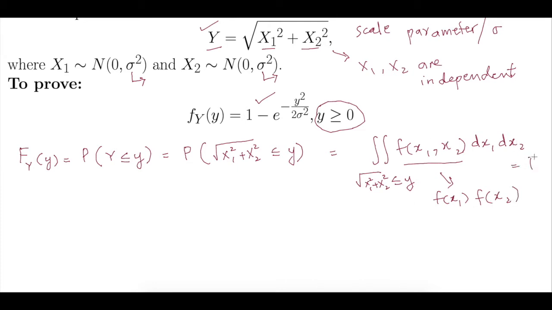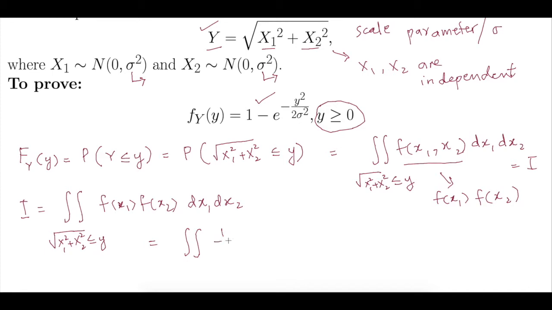Okay, so now let's start with this. Let's say this is my I. Then this I is, again, over the region where x1 squared plus x2 squared is less than y, the integral of f(x1) f(x2) dx1 dx2, which is equal to 1 over root 2 pi sigma squared, 1 over root 2 pi sigma squared, one because of x1 and one because of x2.